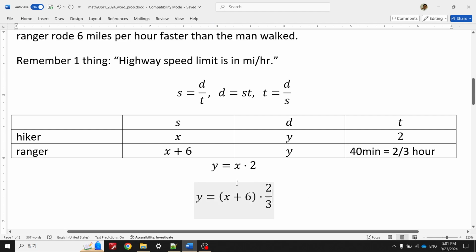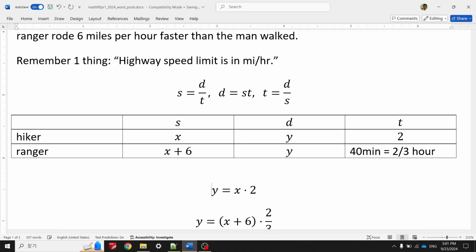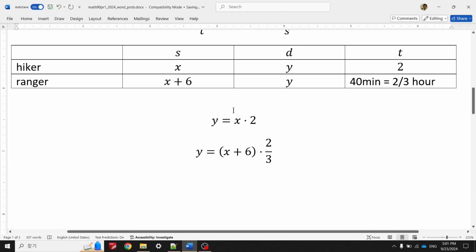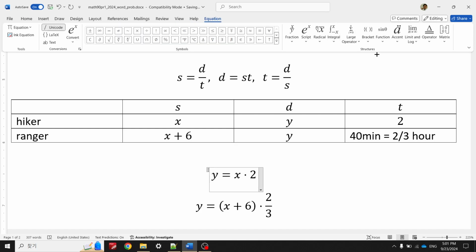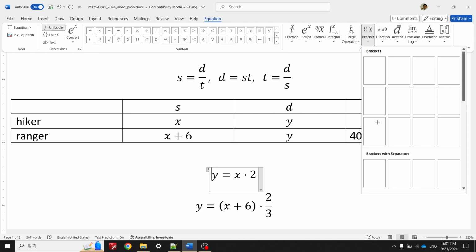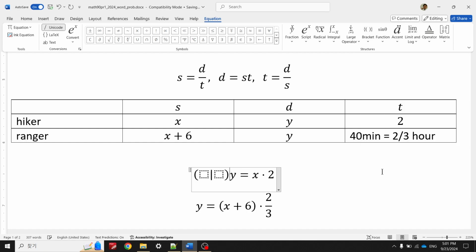Okay. So that gives you a system of equations to solve. Let me make it as a system. Just give me a moment.